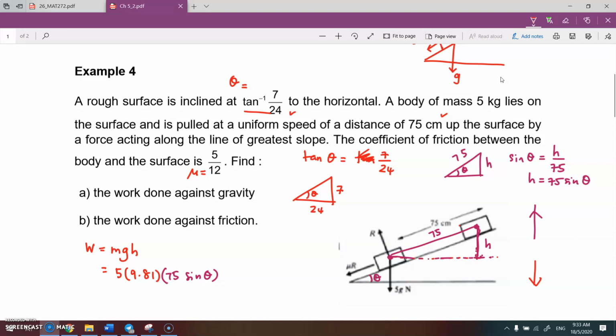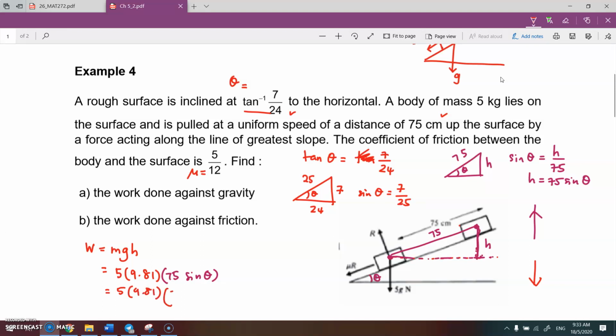So you need to find your hypotenuse here. 7 squared plus 24 squared is 625. Square root of 625 is 25. So your sine theta is opposite over hypotenuse, 7/25.